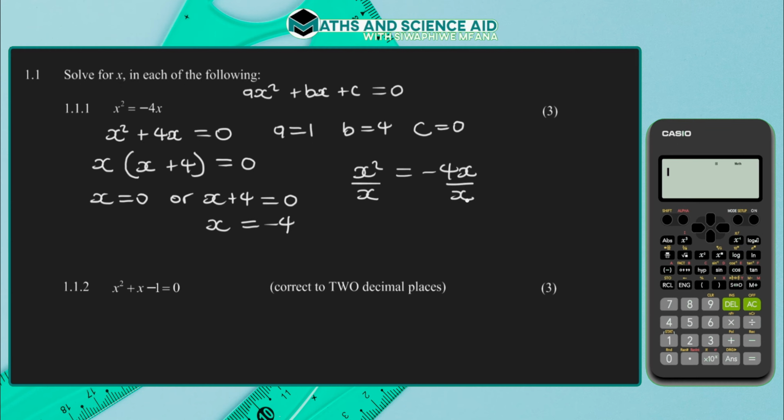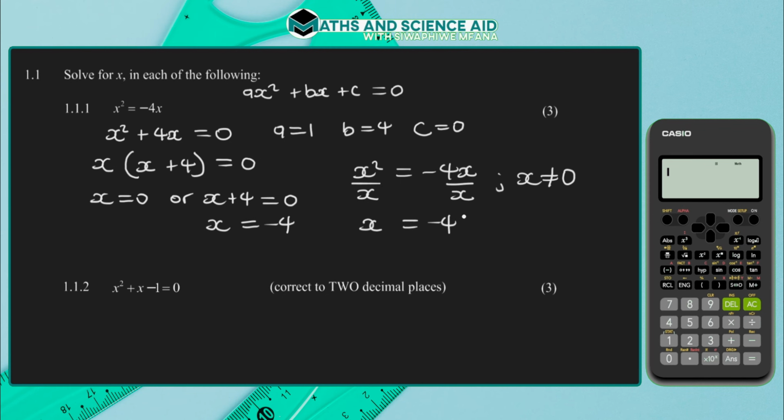But if you do so, it means that you are making an assumption that x is not equal to 0, because we cannot divide by 0. If we divide by 0, that's a maths error, right? And if you do this, you will get x is equal to negative 4.